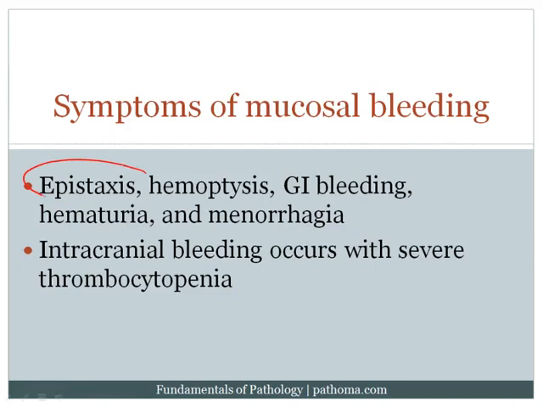For example, the patient can have nose bleeding or epistaxis. They can have coughing up of blood or hemoptysis, GI bleeding, hematuria with blood in the urine, or menorrhagia, heavy menstrual bleeding because the endometrium is also a mucosal surface. So these are some classic signs and symptoms, and actually the most common is epistaxis, and that's why I sort of went after that one and highlighted it for you as I was talking.